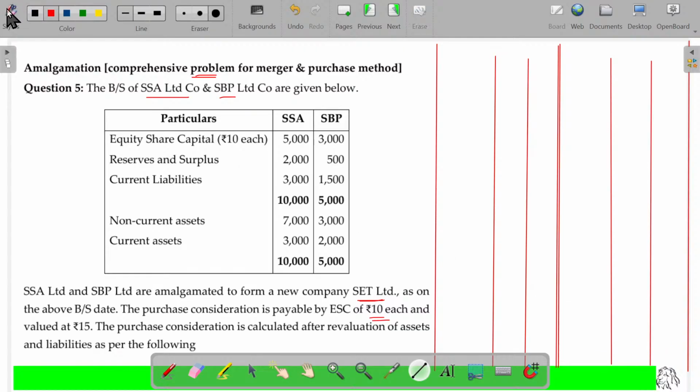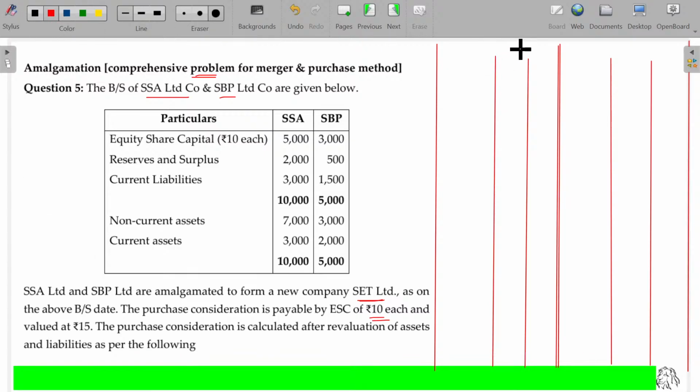So for dissolution, what you have to do? You have to first close the existing account. For that, you have to open realization account, purchase consideration account, purchasing company account, and the mode of receipt of purchase consideration, and this will be settled to the equity shareholders account.